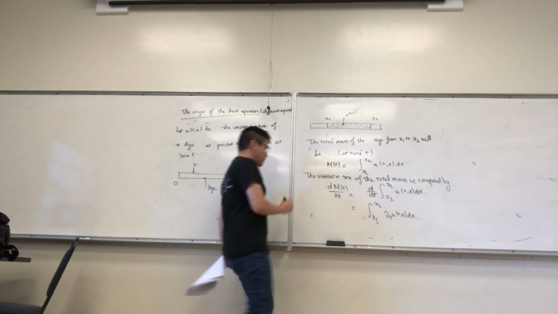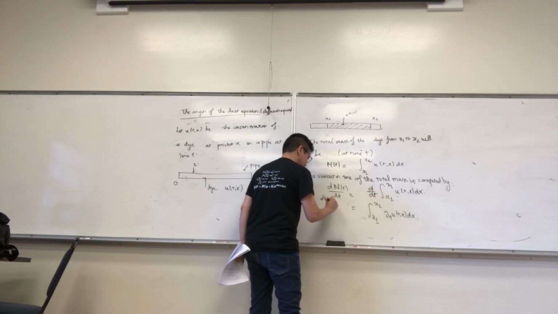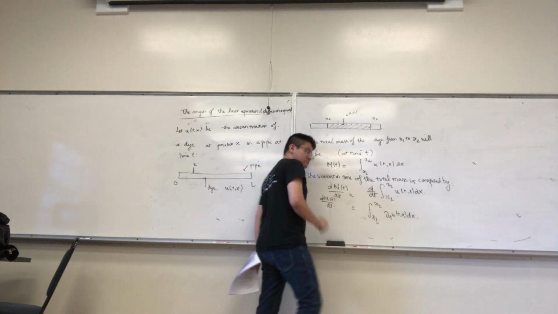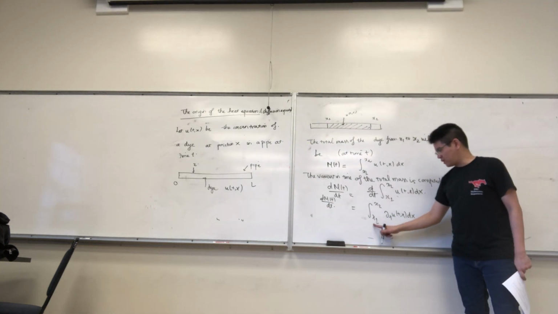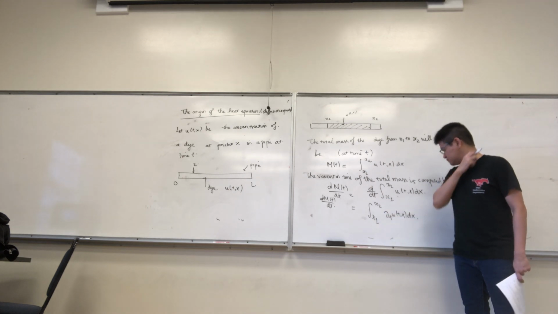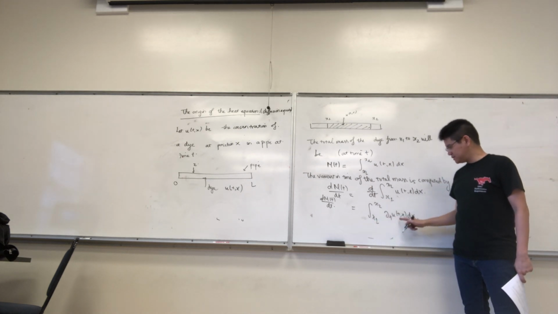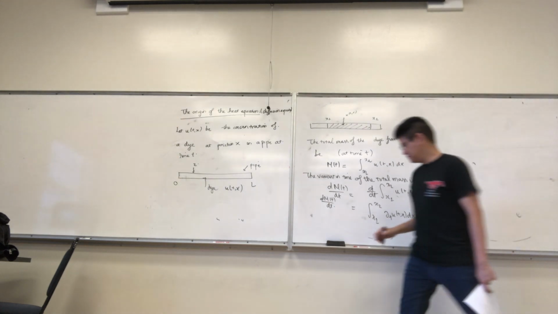So then the derivative of the total mass will be the integral from x1 to x2 of ∂t u(t,x) dx.